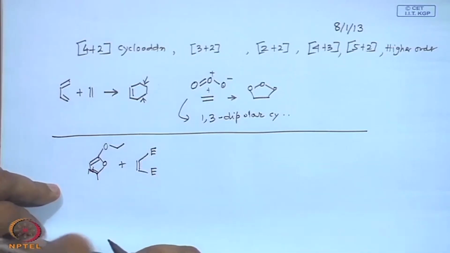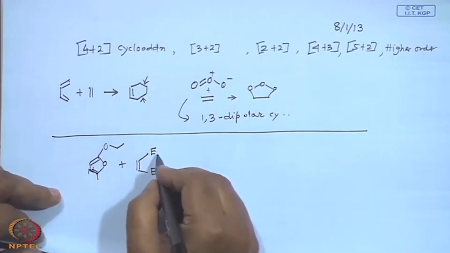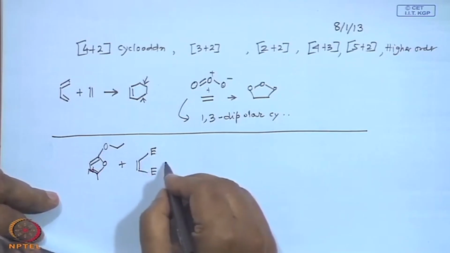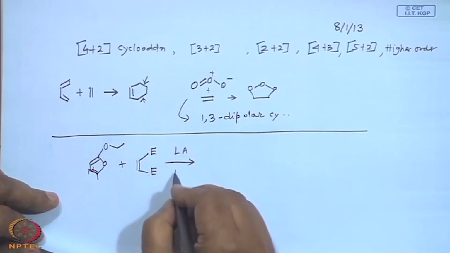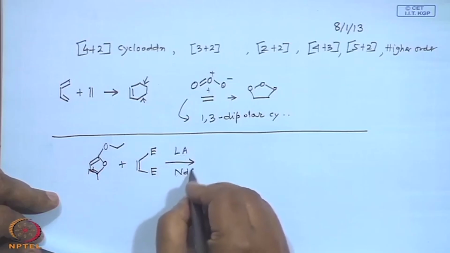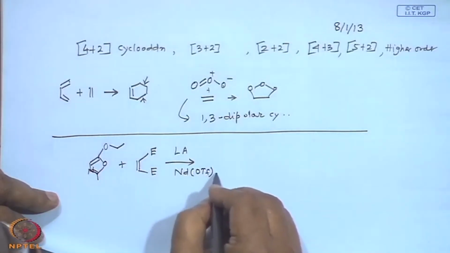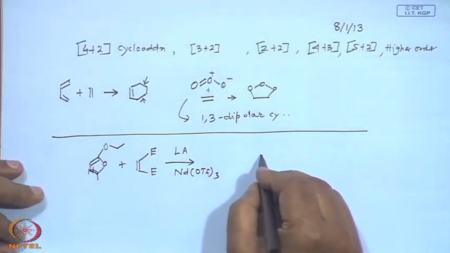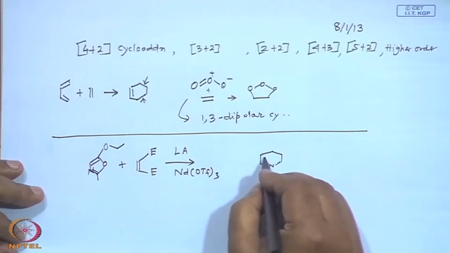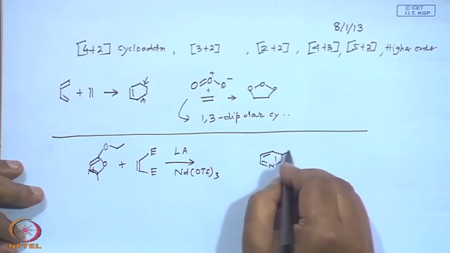Okay. And in my class E stands for an ester group, normally an aliphatic ester, methyl ester, ethyl ester. Then you use a Lewis acid, and in this case neodymium triflate. So, you get directly this pyridine nucleus.